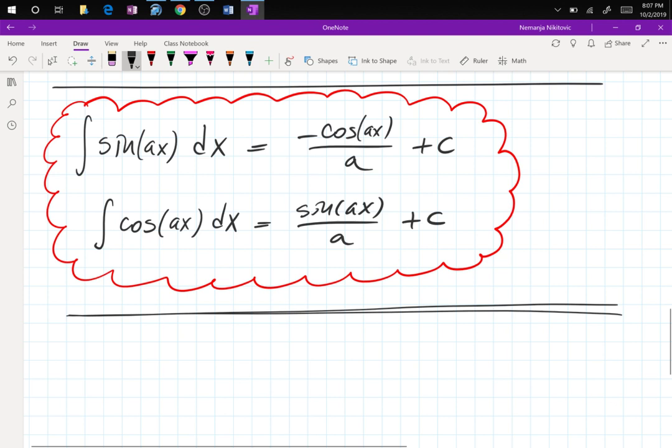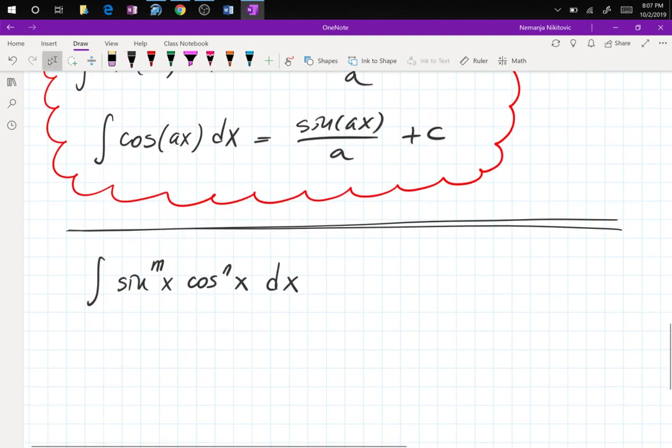So that's sines and cosines. I just want to sum up that when you have the integral of sine to the m x cosine to the n x dx, you have two possibilities. One or both are odd.